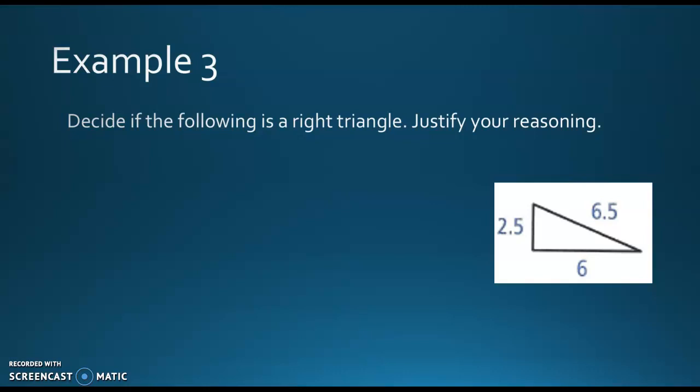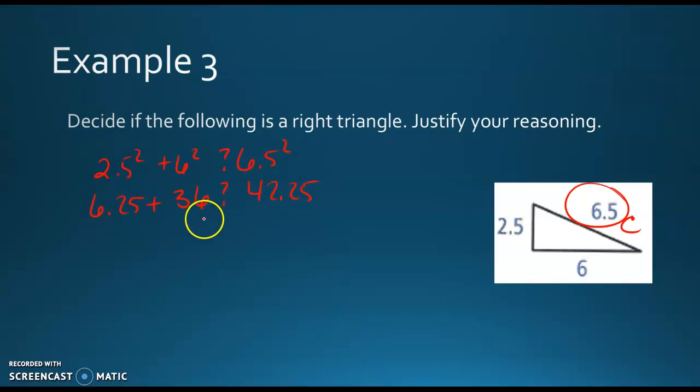So we're going to do one with decimals now. 2.5, 6, 6.5. 6.5 is going to be my c. And so we're going to do 2.5 squared plus 6 squared question mark 6.5 squared. 2.5 squared is 6.25, plus 6 squared is 36. And 6.5 squared is 42.25.